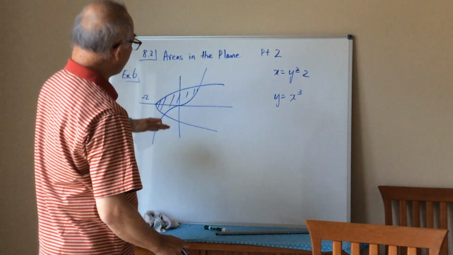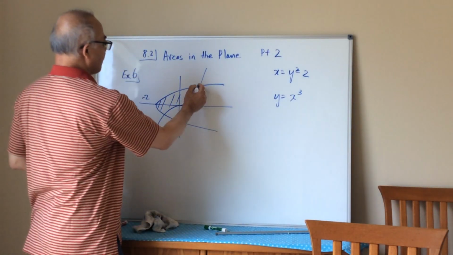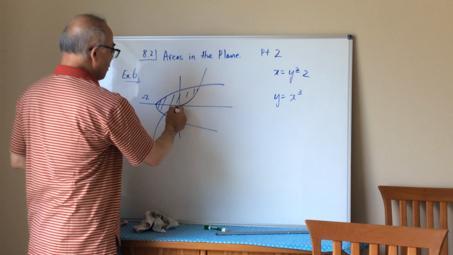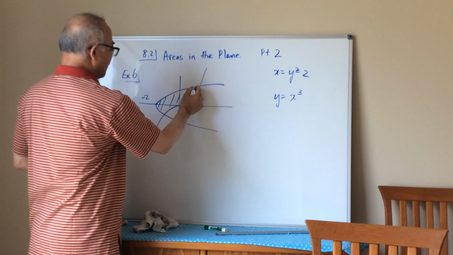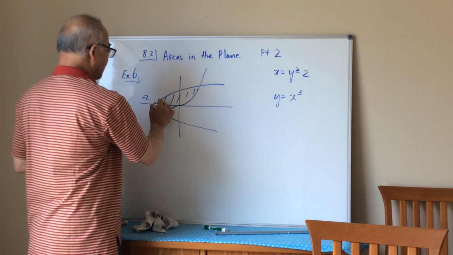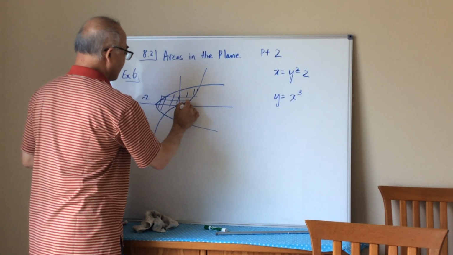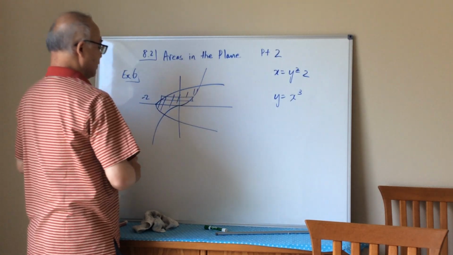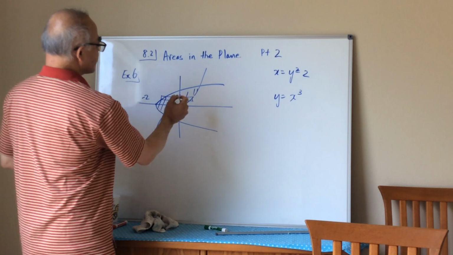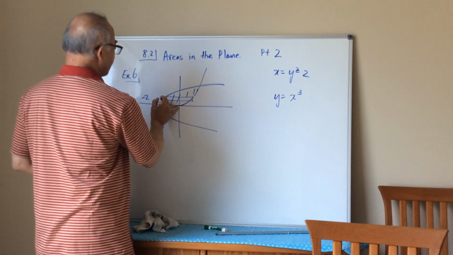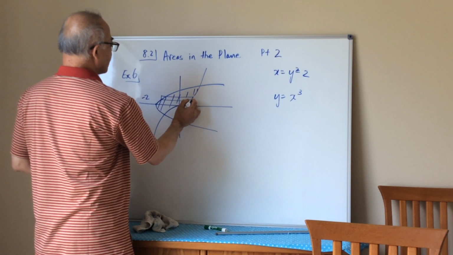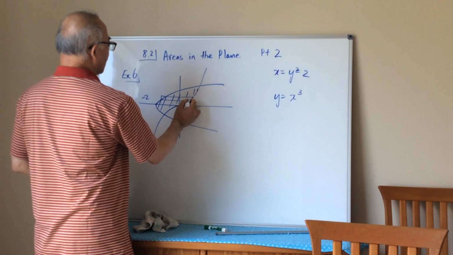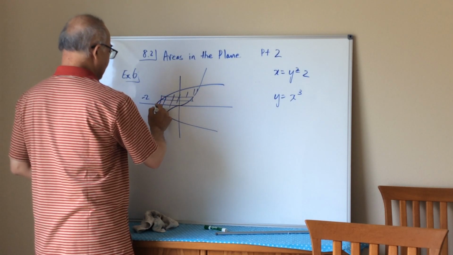But if I do dy, this guy is always going to be larger than this guy, so this function always dominates this function.